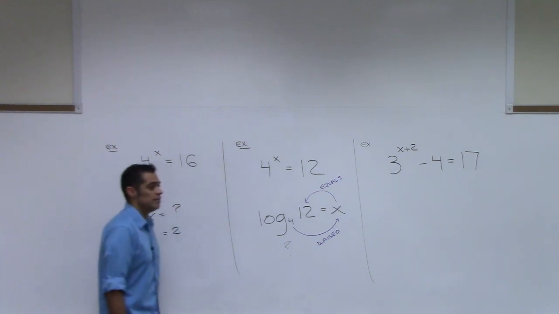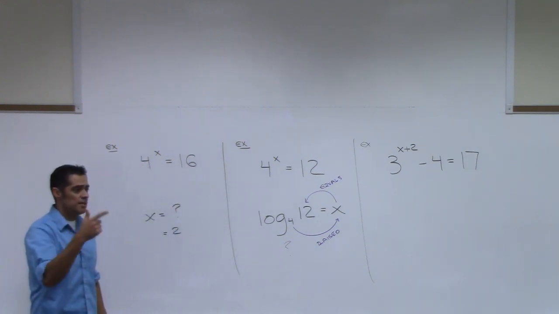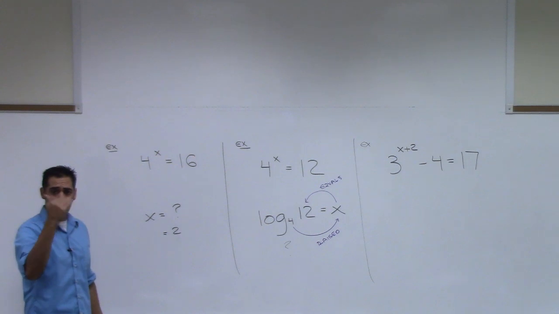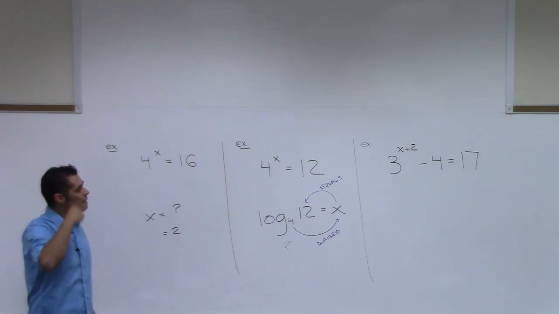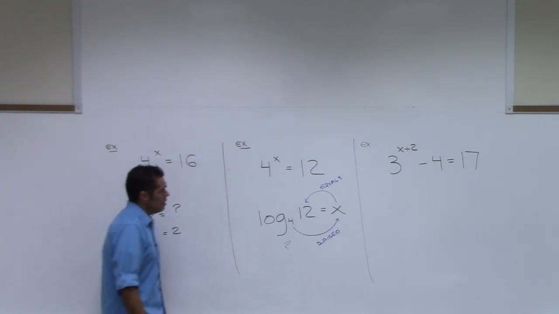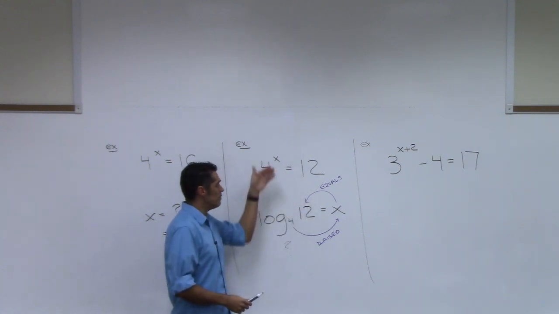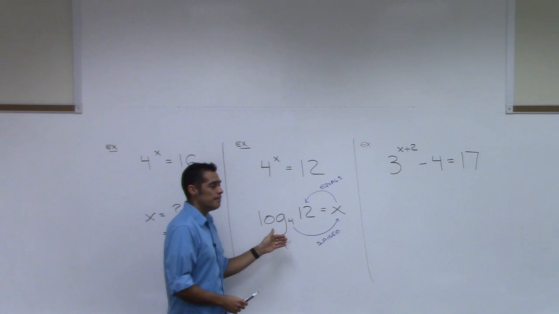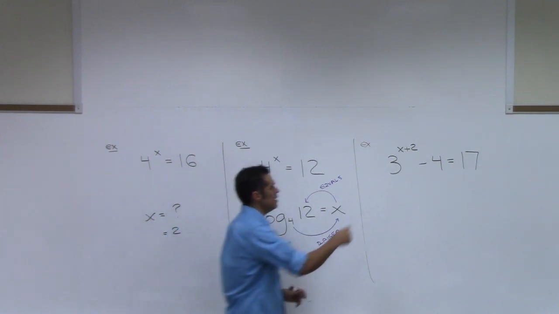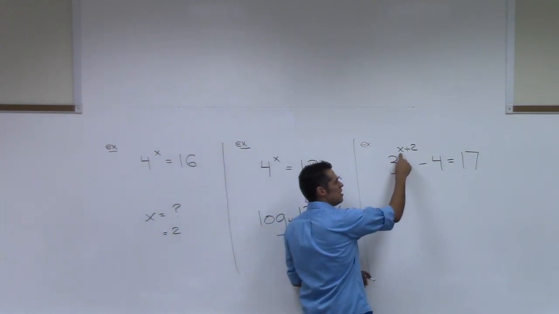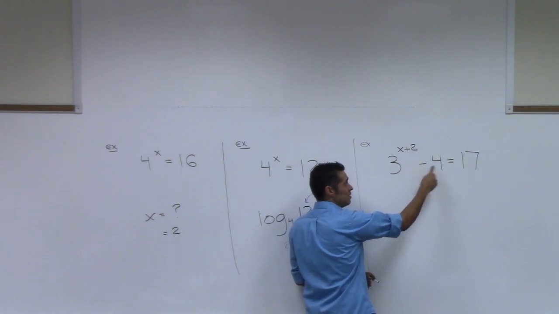Almost, not yet. Exponential. The reason being, the variable we're solving for is up in the exponent, okay? So maybe we can do the same sort of process we did here and convert it from that to a log. So this is saying 3 raised to some number plus 2 minus 4 equals 17.